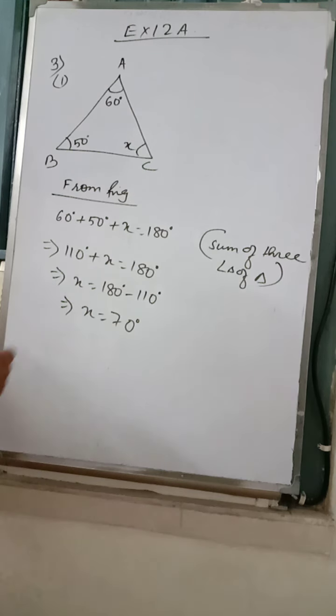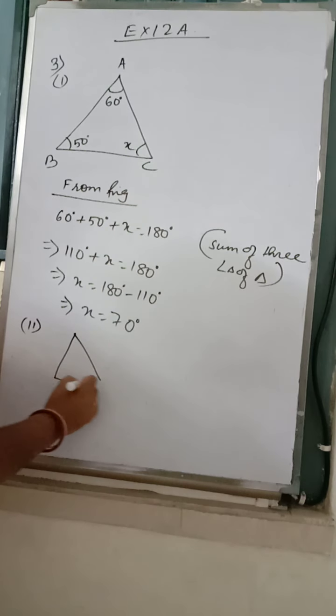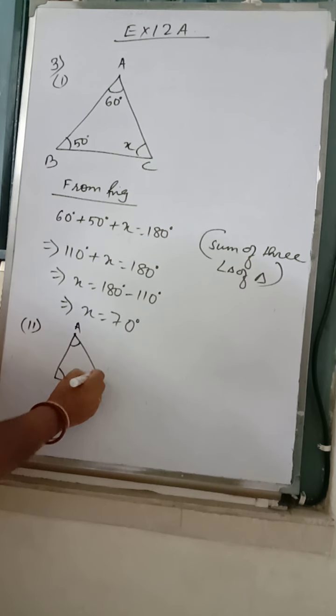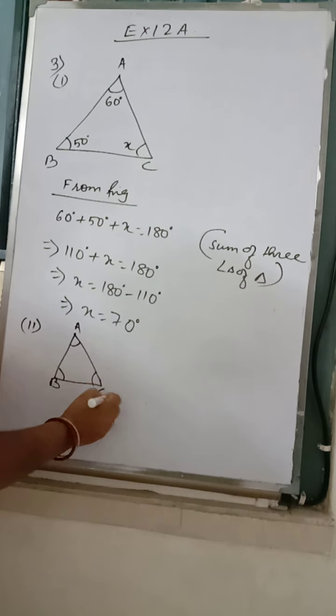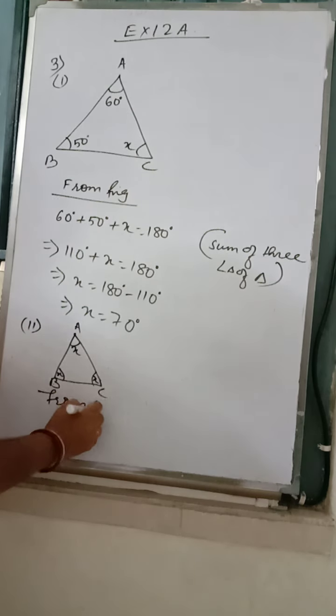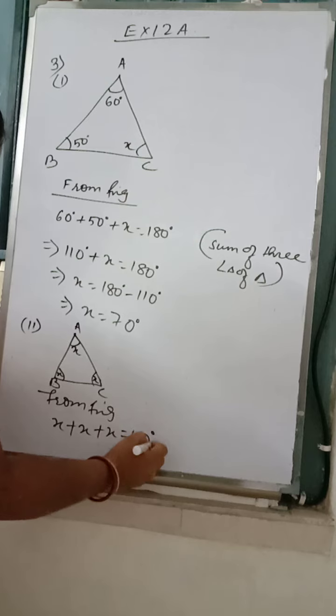In question number B, you can see you have been given a triangle and all the three angles are given as X, X and X. So again you write from figure, X plus X plus X is 180 degree. Is it?